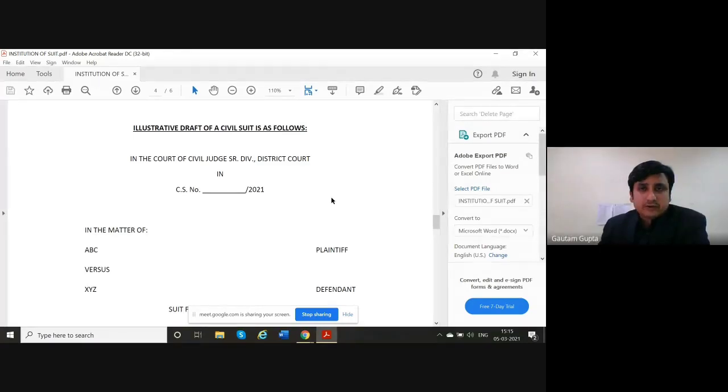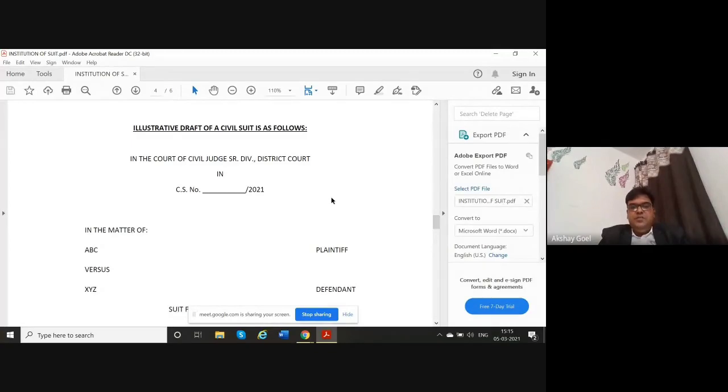Yes, it's visible. So this is an illustrative draft of a civil suit. When I told you the place of jurisdiction, it starts with: in the Court of Civil Judge, Senior Division, District Court. So when you know where the place of suit should be, you mention it in the title of the suit.